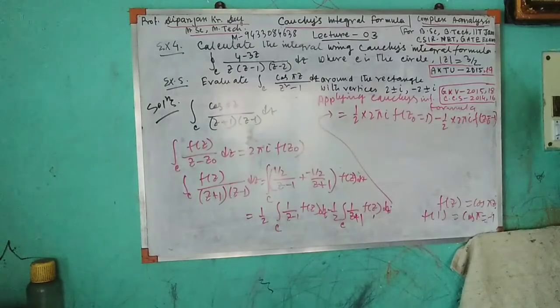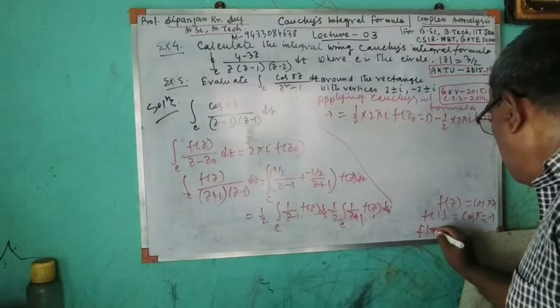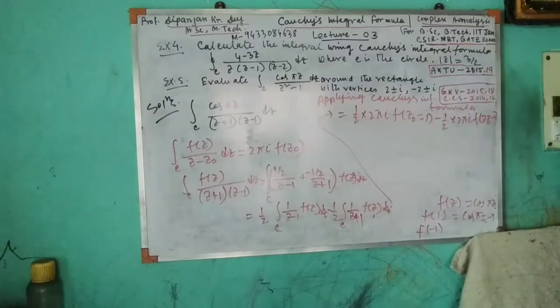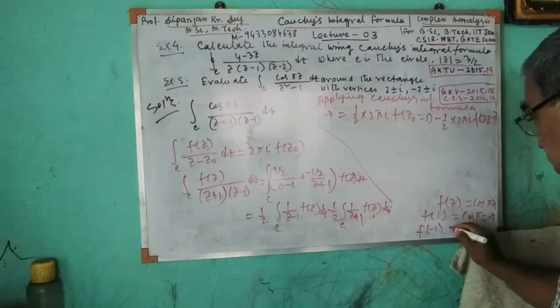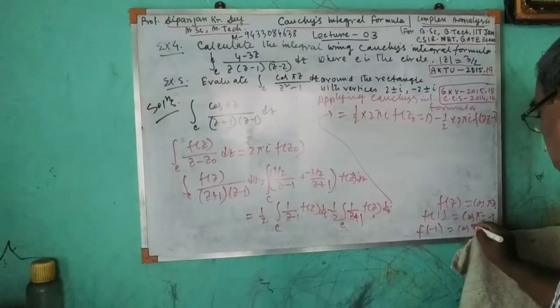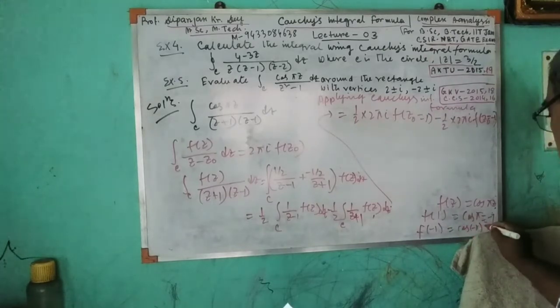And f(minus 1), when it is minus 1, then cos of minus pi is again minus 1.